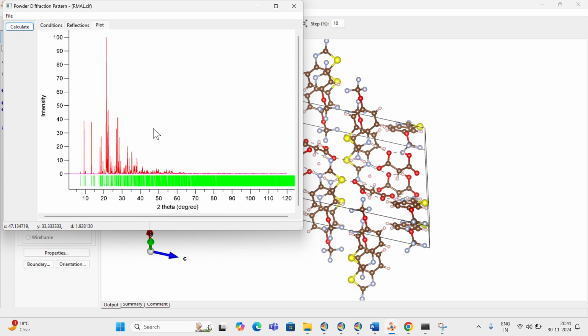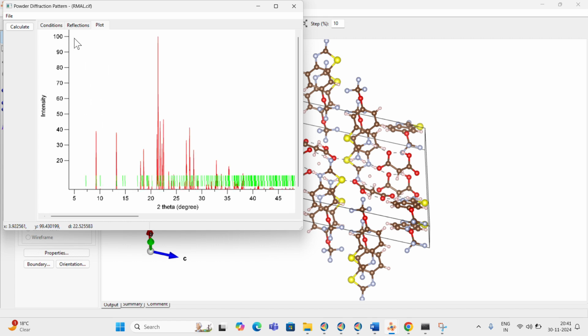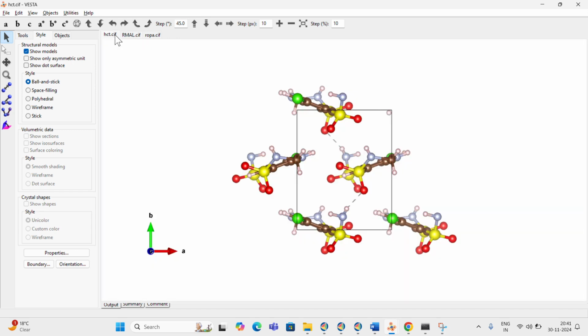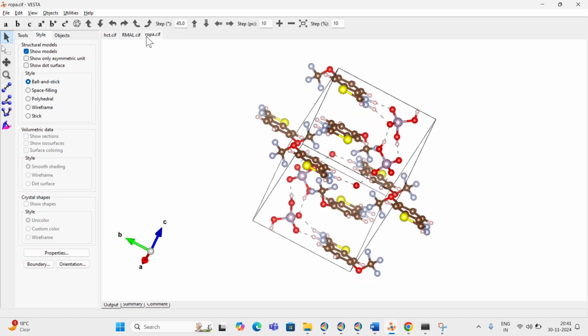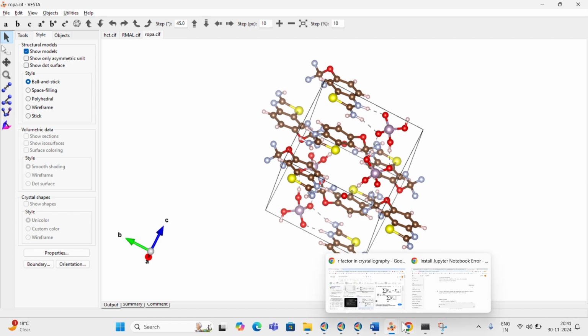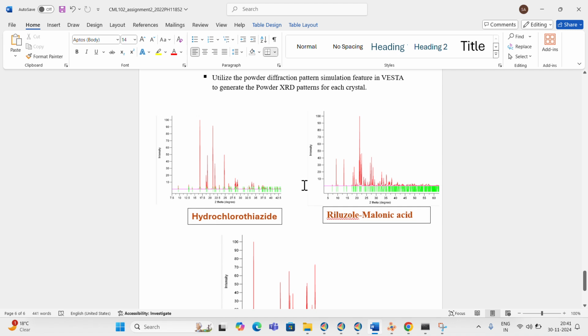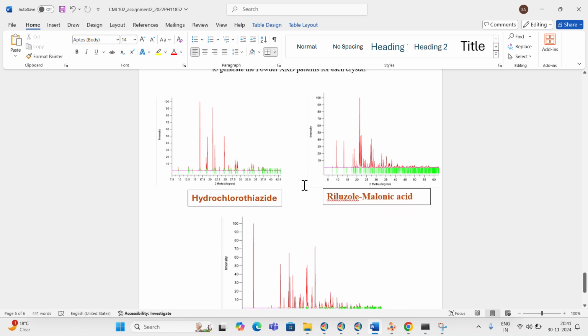So we can also zoom in on this particular area, and we can see one peak at this particular 8 to 9 degrees, and these are all HKL planes. Similarly, for the first and third one we can plot, and these are shown in the doc file.